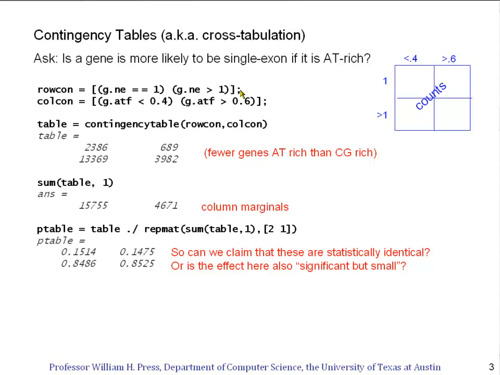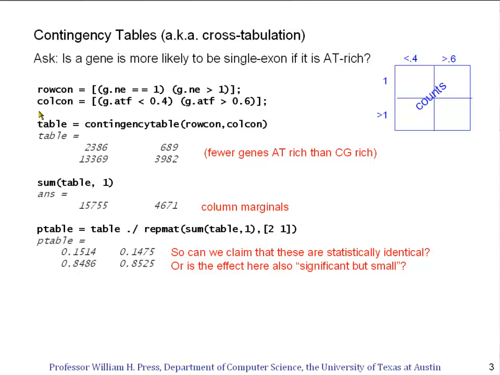So each row in this matrix is 1 gene, and it has two columns, each of which is either true or false, 1 or 0. In this case the entry is true if the gene's number of exons is equal to 1, and the corresponding entry in the same row is true if the gene's number of exons is greater than 1.